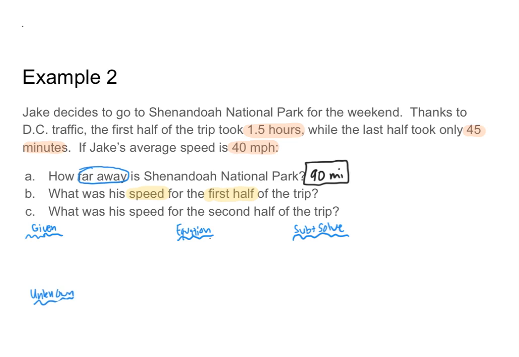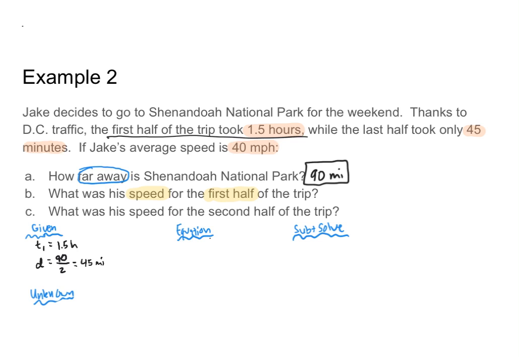First of all, the time for the first half of the trip, T1, or in this case just T, is going to be 1.5 hours, and I know that from the first part of my problem. Second, I know that the distance traveled for that first half of the trip is going to be half of my total distance, so 90 over 2, or 45 miles. And that is going to be all of what I know. Again, I know that because it's half of my trip, and my total trip is 90 miles.